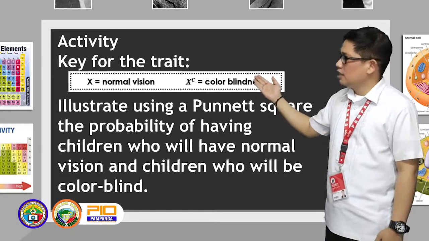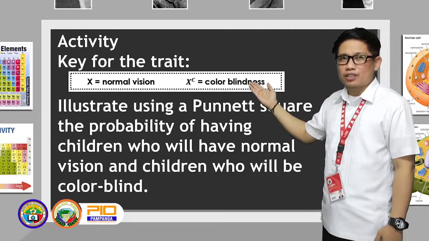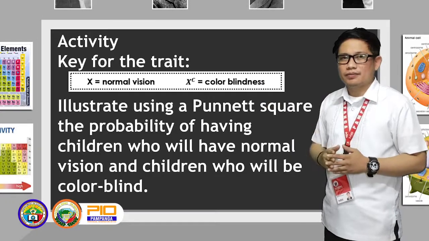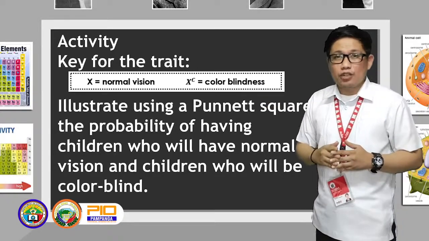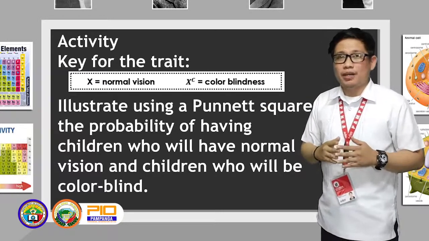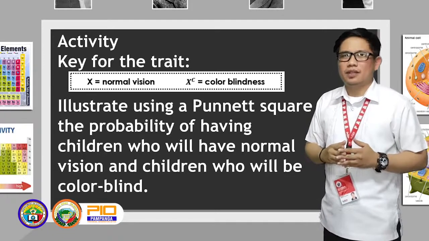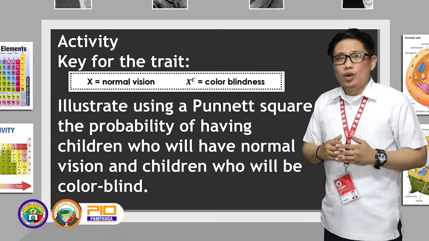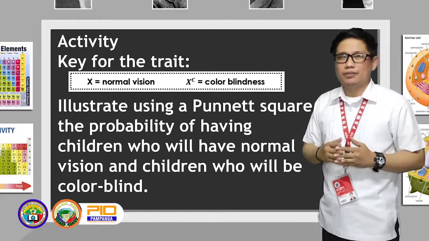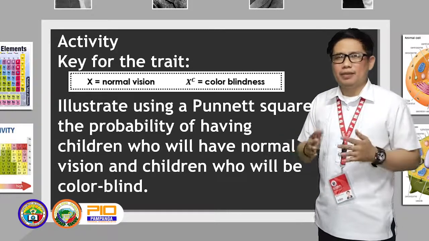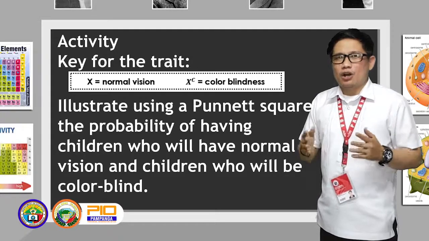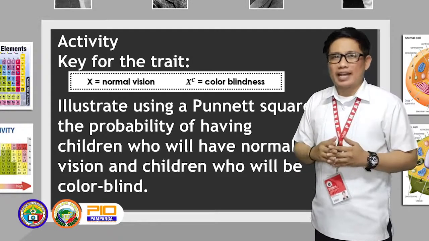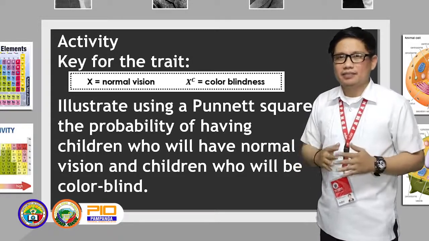Here are the key traits for this disorder. Illustrate your answer using a Punnett square. What is the probability of having children who will have normal vision? And what is the probability of having children who will have color blindness?